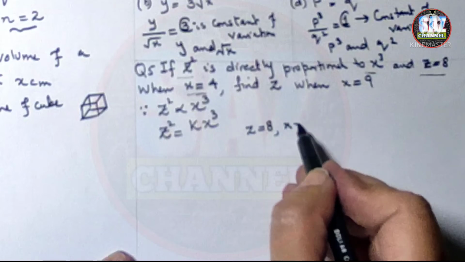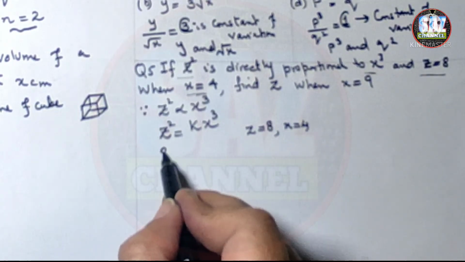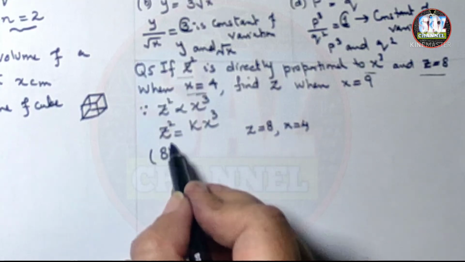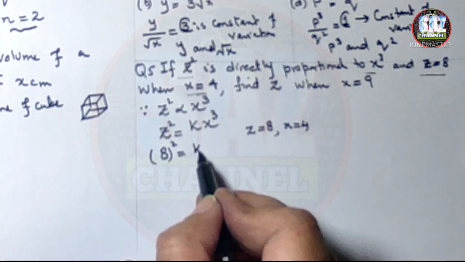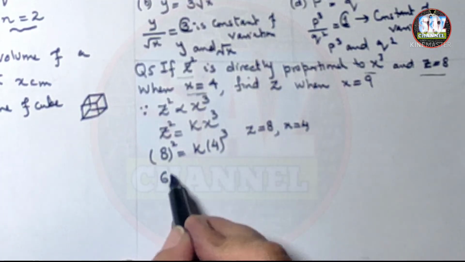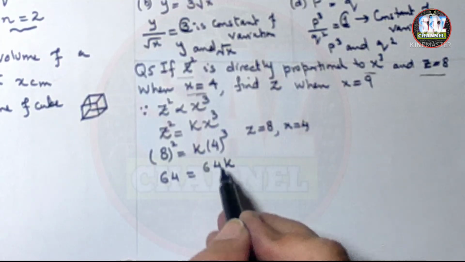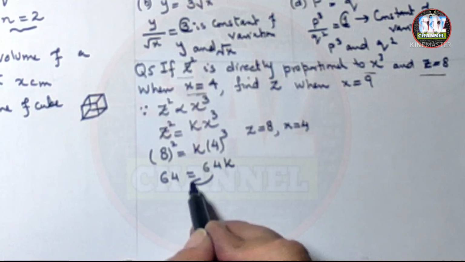So instead of z, I have to replace 8 and take the square of that. 8 square equals k into 4 cube, which is 64, so 64 equals 64k. I have to find the value of k.